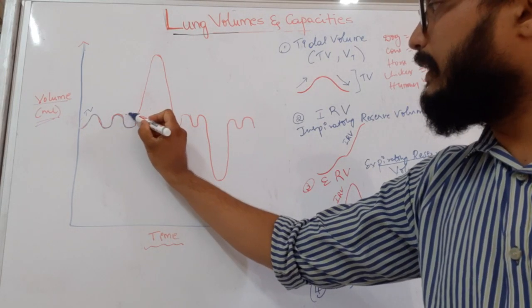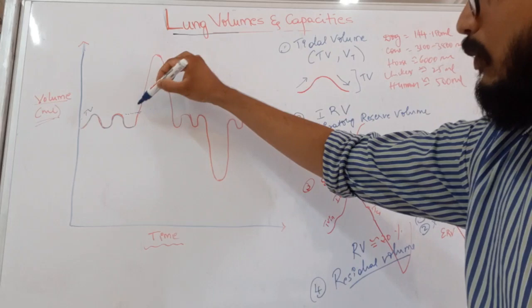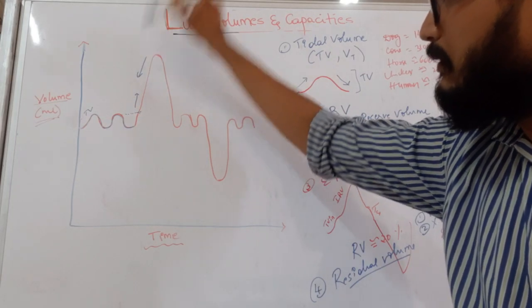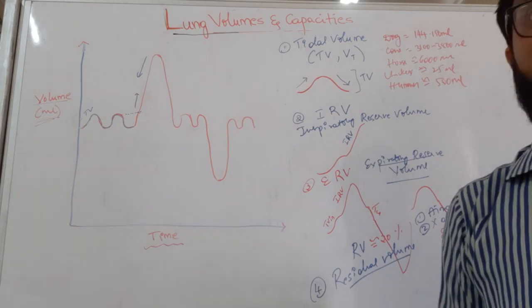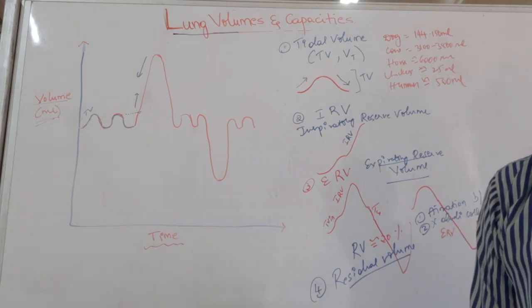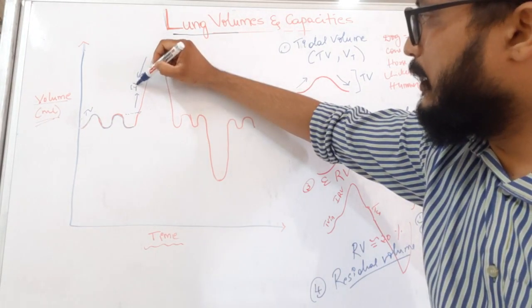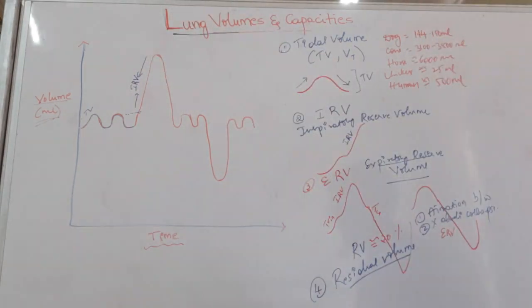After the tidal volume inspiration, the extra amount of air that is inspired with the help of the inspiratory muscles is referred to as inspiratory reserve volume.